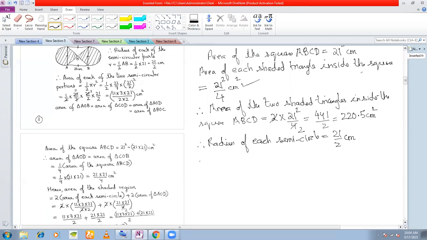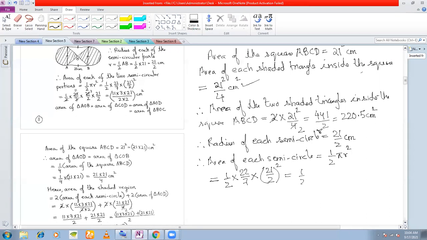Okay. So therefore, area of each semicircle is equal to half pi r square. This is your r. Okay. Which is equal to half into, put the value of pi, 22 by 7 into r square. Radius we have found above to be 21 by 2. Okay.